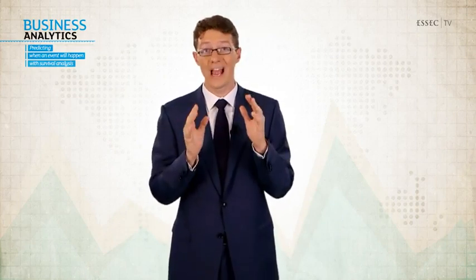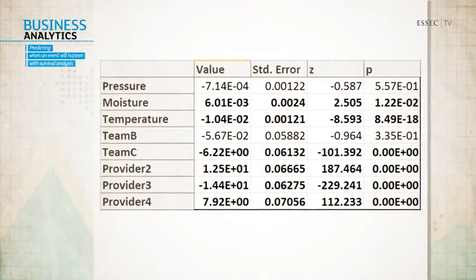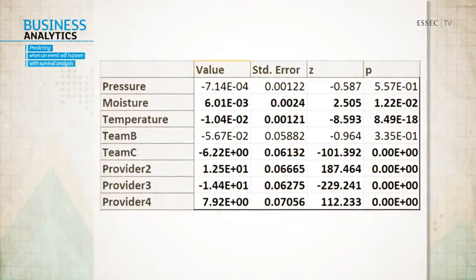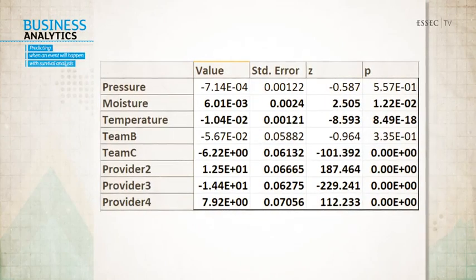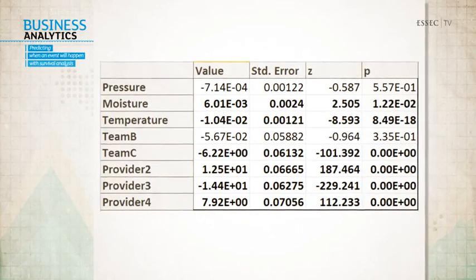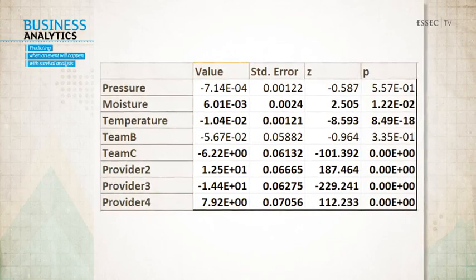As usual, we identify the significant variables by looking at the p-values. The smaller, the better. Here we emphasize in bold the variables that have a p-value smaller than 0.05. Those are the moisture index, the temperature index, whether the element is taken care of by team C, and all the provider variables.